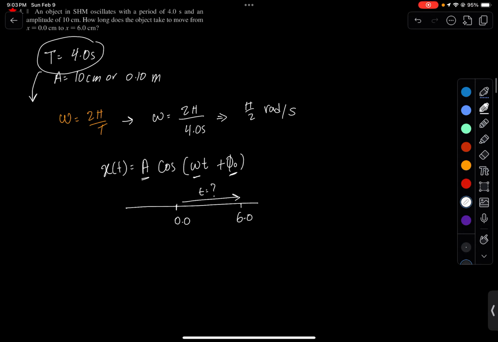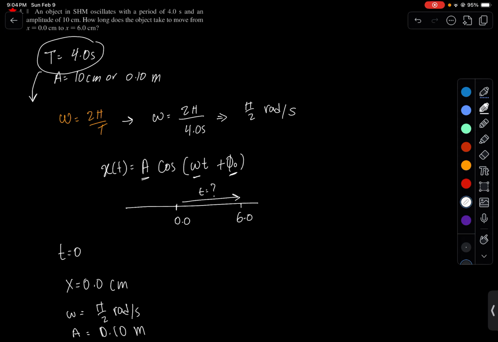Let's start at time 0. At time 0, the object is at 0 centimeters. We have omega, which is pi over 2 radians per second, and we have the amplitude of 0.10 meters.